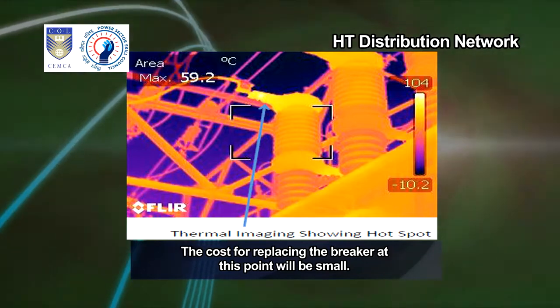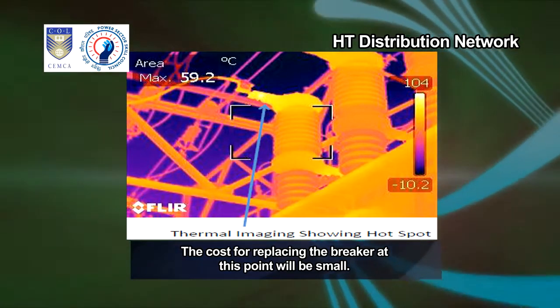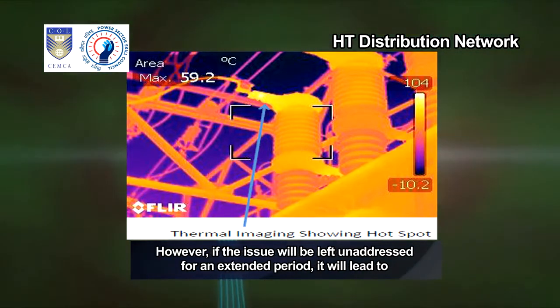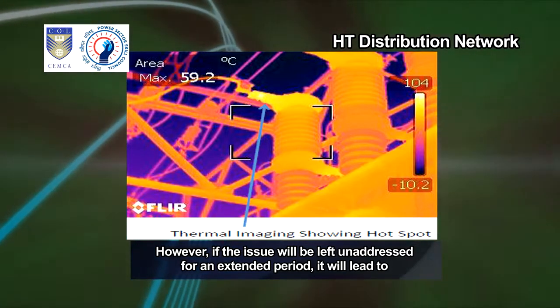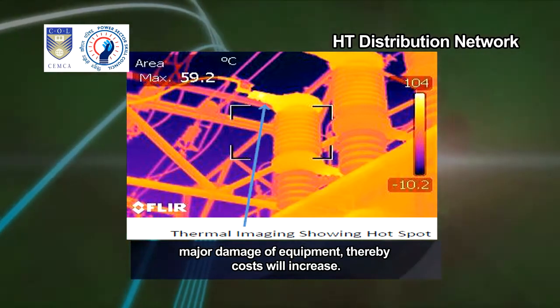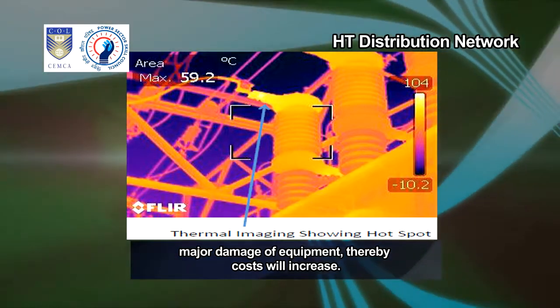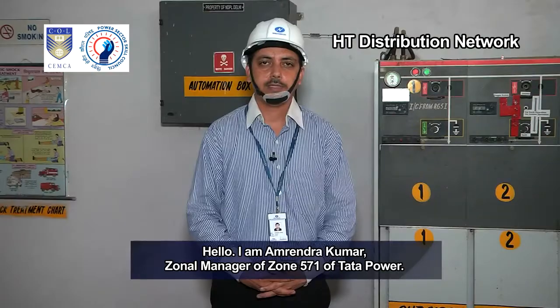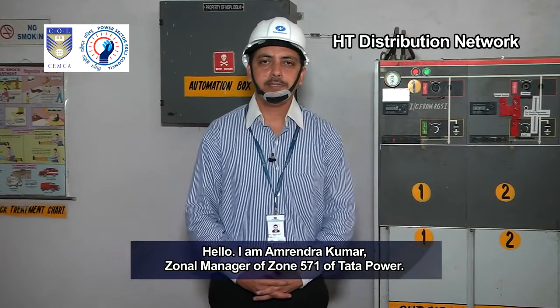The cost for replacing the breaker at this point will be small. However, if the issue is left unaddressed for an extended period, it will lead to major damage of equipment. Thereby, costs will increase.